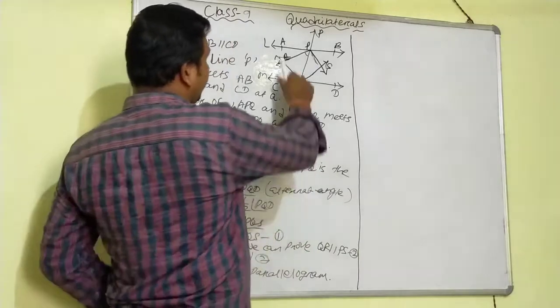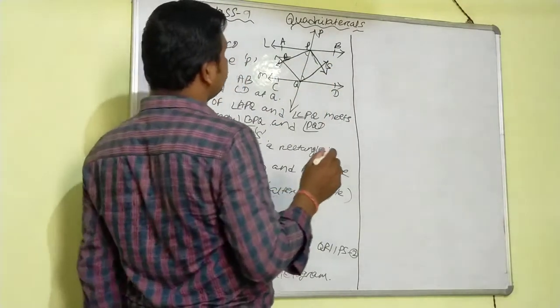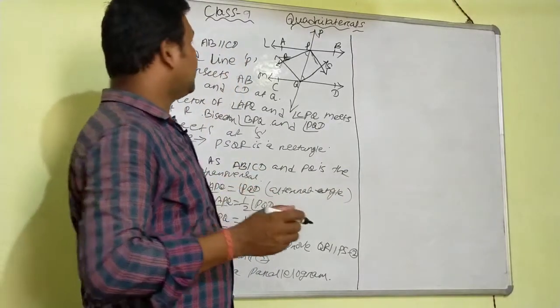Now you see, AB is parallel to CD, PQ is the transversal. So the sum of interior angles on the same side of the transversal is 180 degrees.